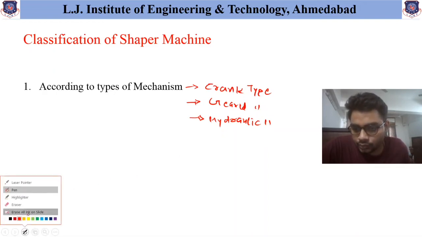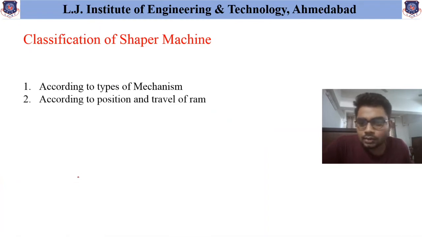Now the next one is according to the position and travel of the ram. We have discussed in our first topic on the shaper, planer and slotter machine that the ram can be moved in maybe a horizontal direction, maybe a vertical direction.